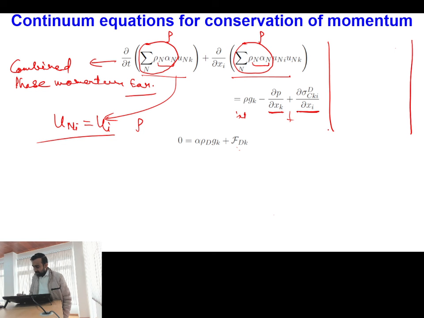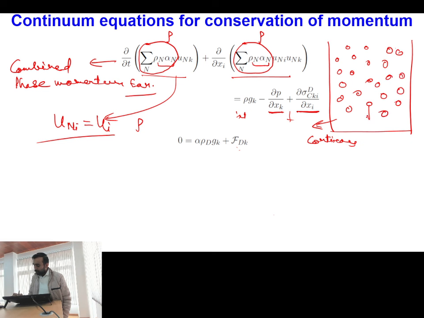If I have a big continuous phase, and in this continuous phase I have some dispersed phase particles, and these dispersed phase particles are falling down at uniform flow conditions, at constant velocities, then there will not be any acceleration of the particles.